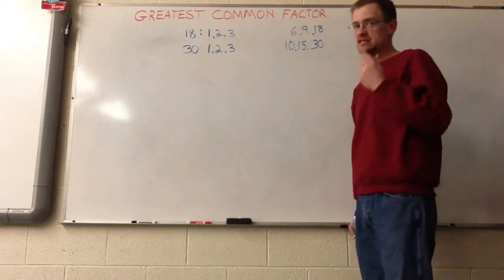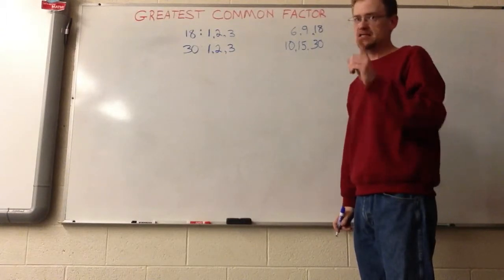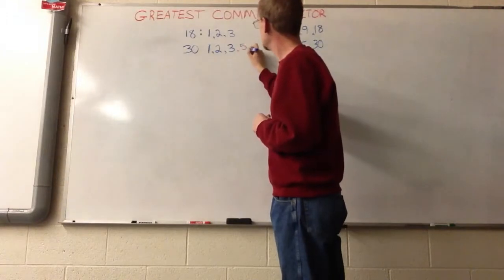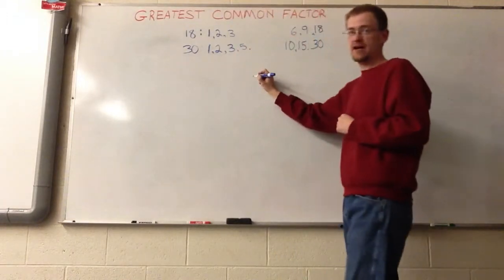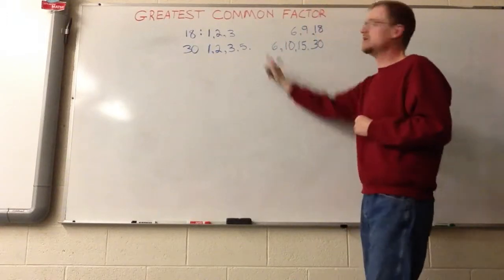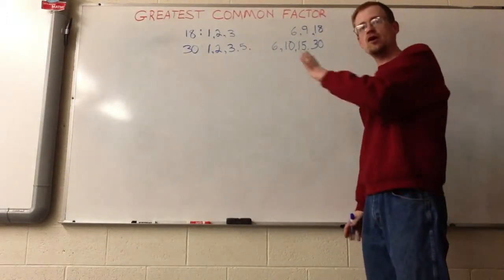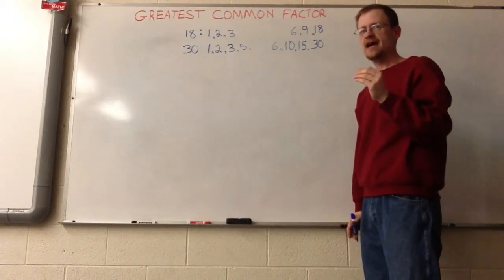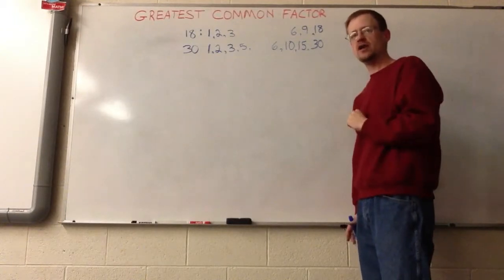Let's see, 30 is not divisible by 4, but it is divisible by 5. So we have 5, and 30 divided by 5 is 6. And we don't have any numbers left in between. So there are our factors for 18 and 30. I realize I went really fast, but I'm just wanting to remind you how to do it.